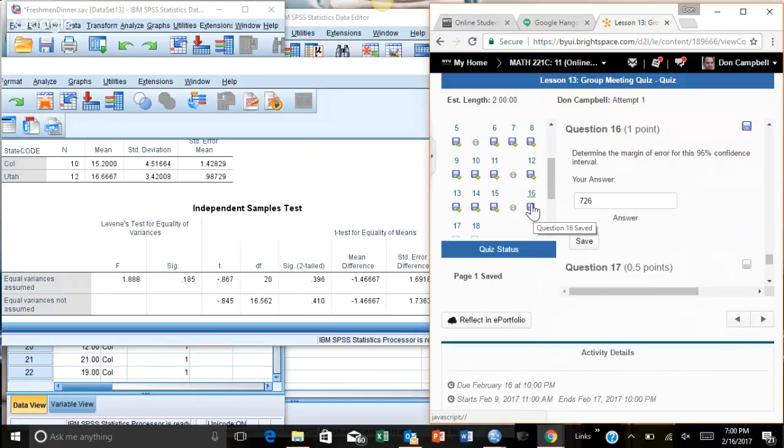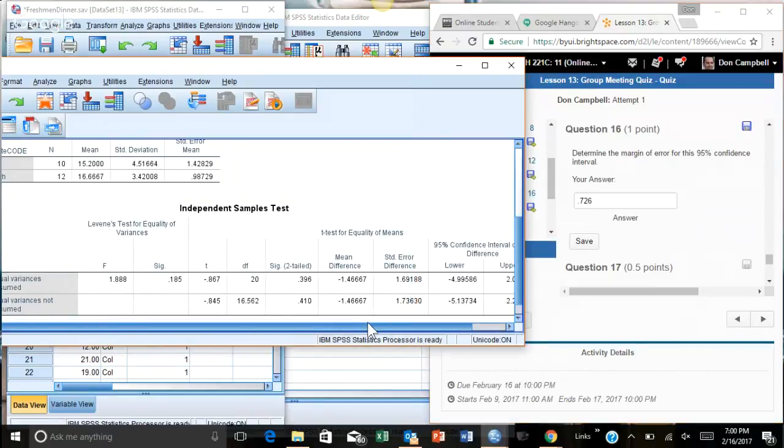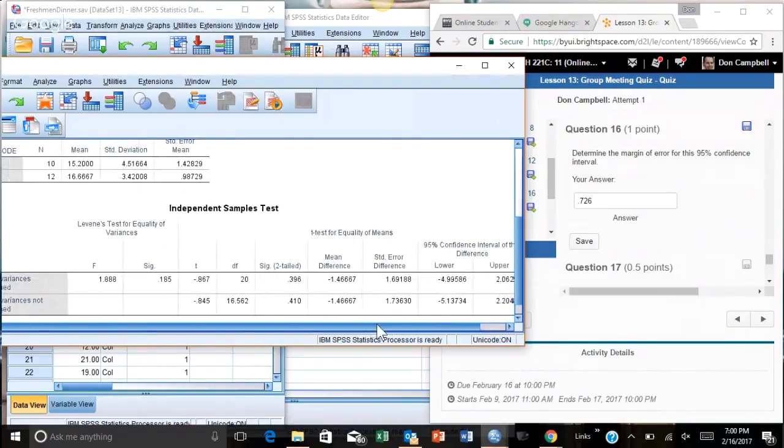Now there's another possible answer for this. What is that? This would be different.